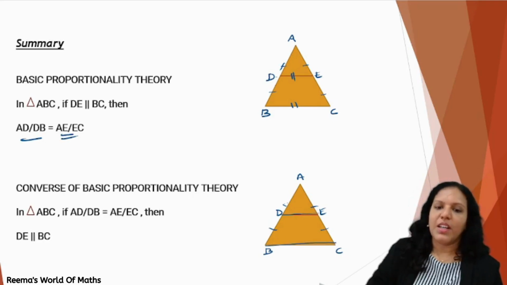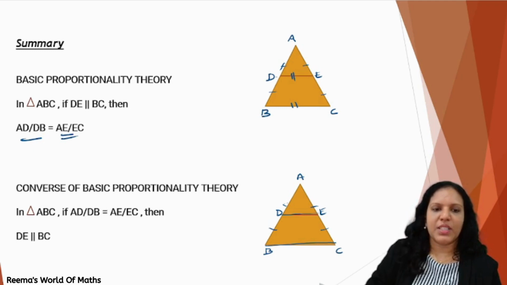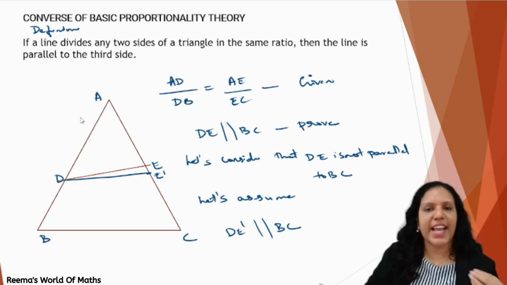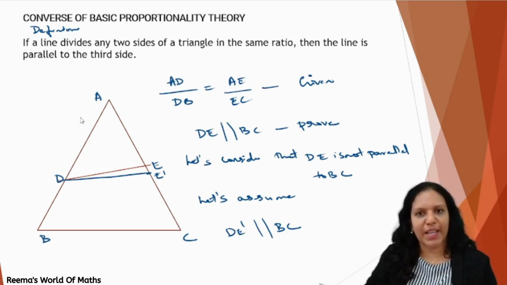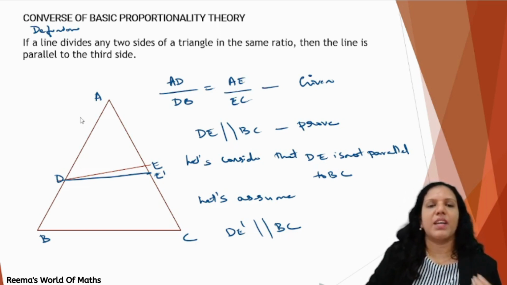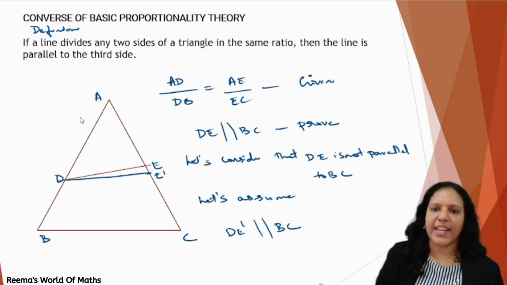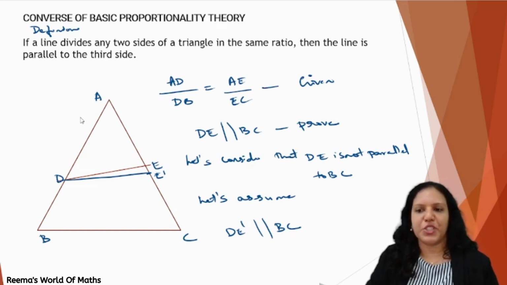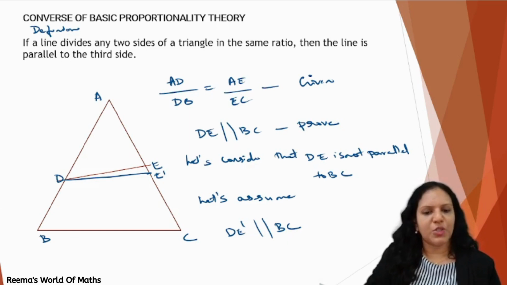So as per the converse of the basic proportionality theorem, we have learned that if a line divides any two sides of a triangle in the same ratio, then the line is parallel to the third side.